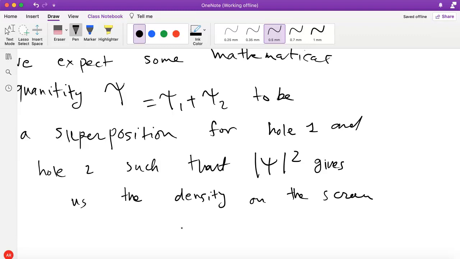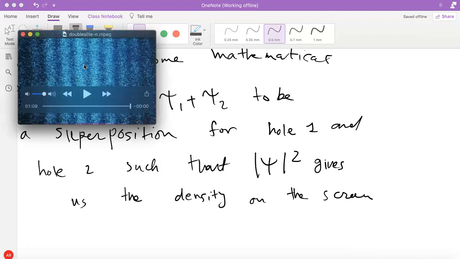Now, if psi squared gives us a density, there's also another interpretation. Each electron is hitting somewhere. You look at it for a short time before those fringes appear, it looks like a very random process. Like they're hitting all over the place. But if the brighter regions have a higher probability for the electron to be detected, then at the end of the day, when many electrons are detected, you're going to see a higher density of electrons there.